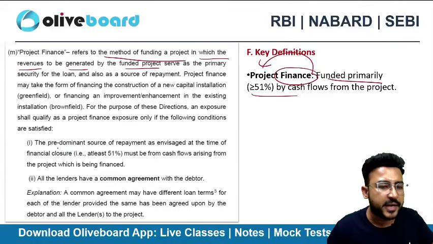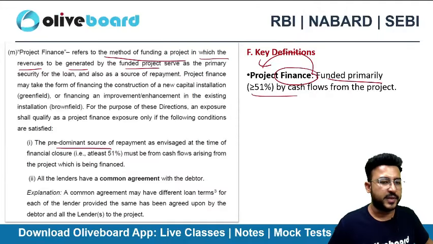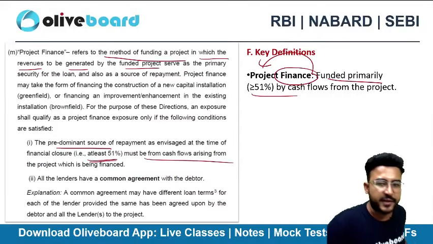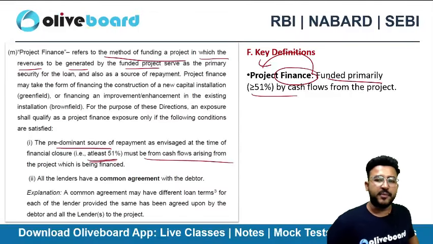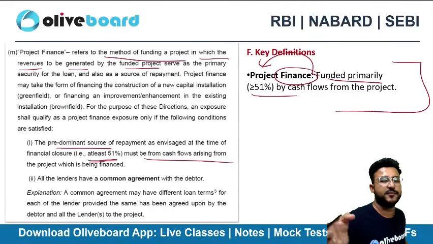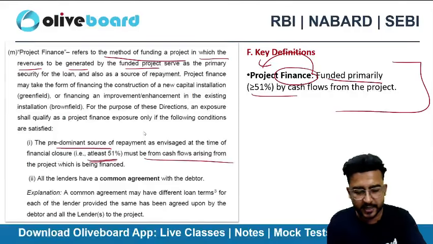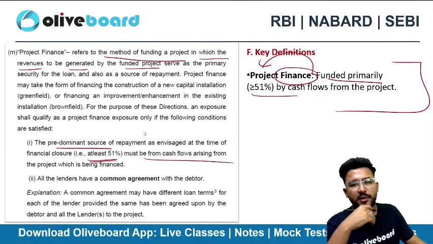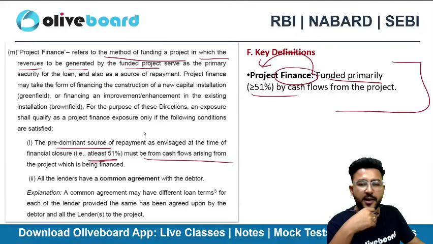The predominant source should be at least 51%, must be from the financial cash flows arising from the project which is being financed. So you are able to fund that finance more than 51% by the cash flows of that particular project, and then you are able to pay off that particular project finance with the cash flows that are coming from the project.